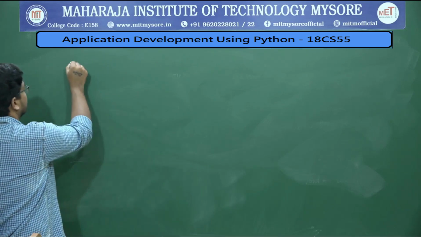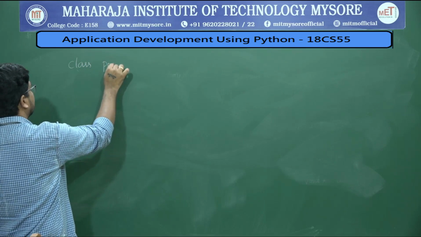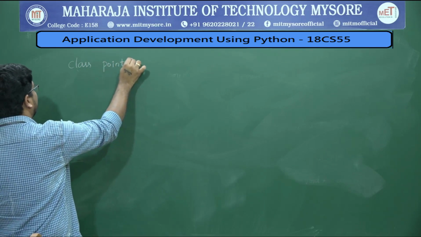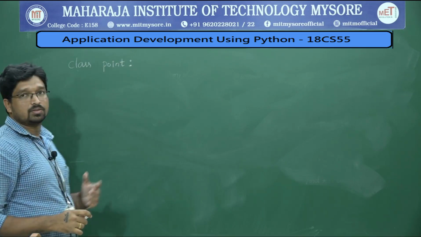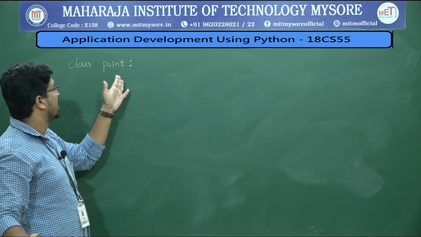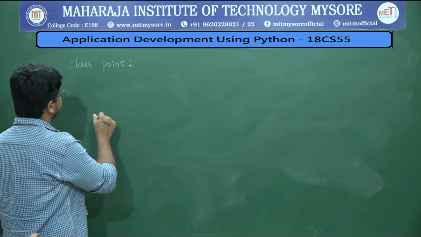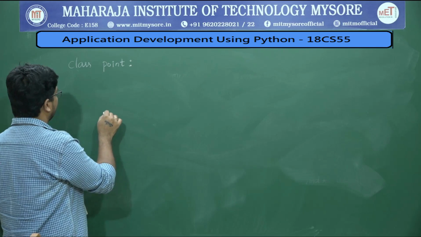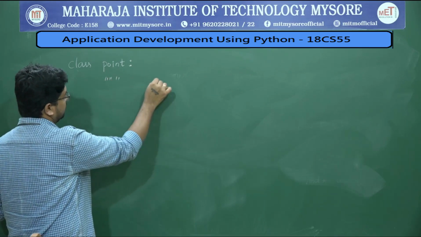So let us consider a class point. This is the class point which has two attributes. So let me write an empty class.